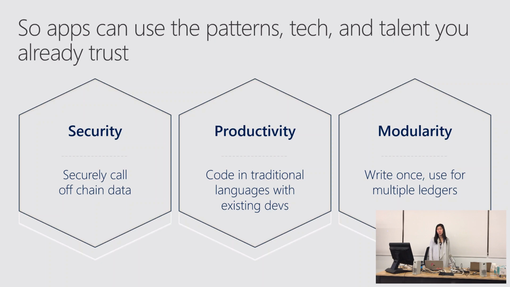One of the questions that I get a lot here is: if you move the business logic off the chain, how do you make sure that no one's tampering with it? So this leverages a technology called trusted execution environments, which is basically a software or hardware enclave that has the code or the business logic or whatever it is that you're trying to run off chain.